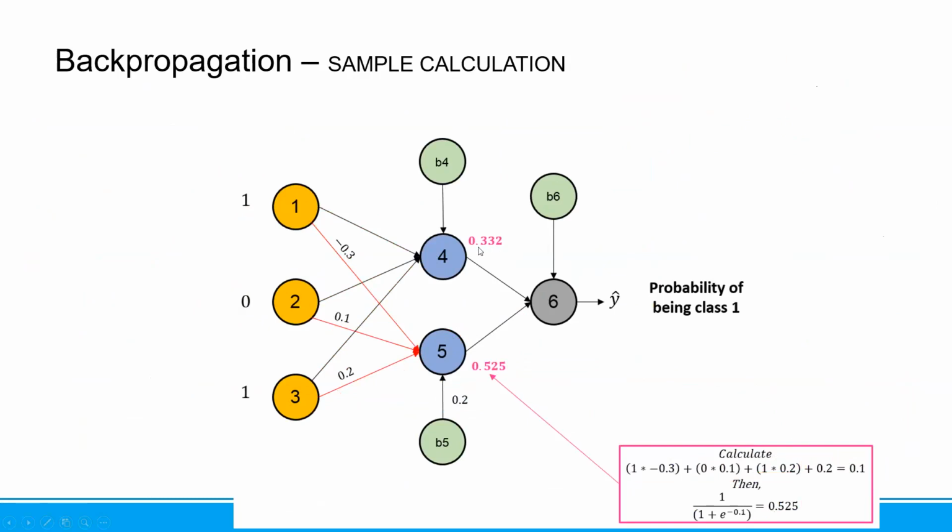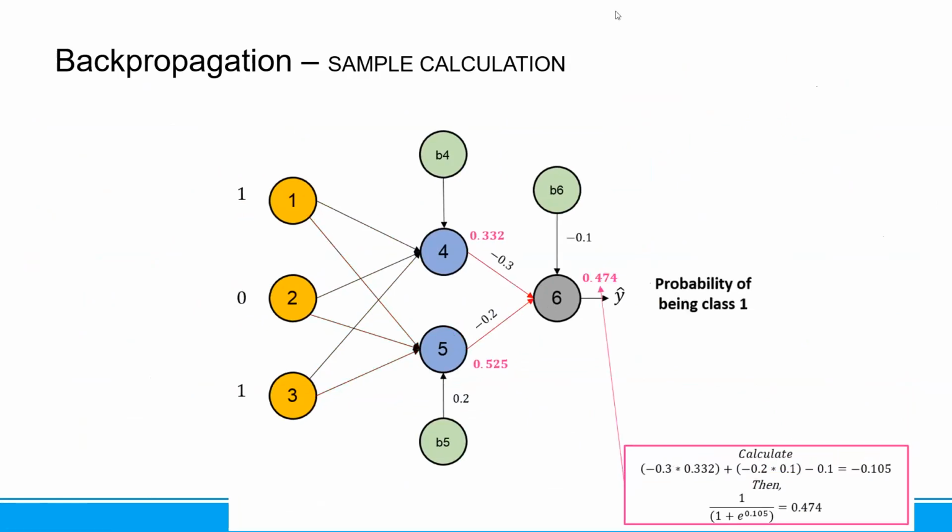After we have the number 0.332 and 0.525, we can use these numbers to calculate the last unit.